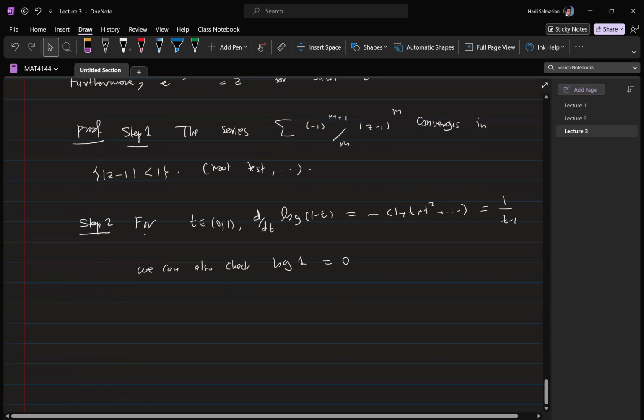So really, we have the log. So we proved that log t for t between 0 and 1 is the usual log.